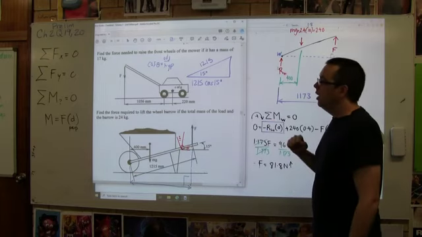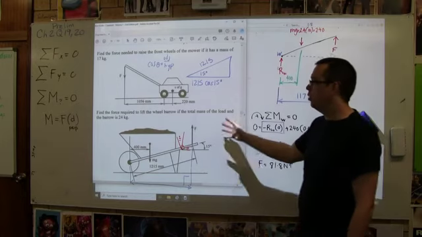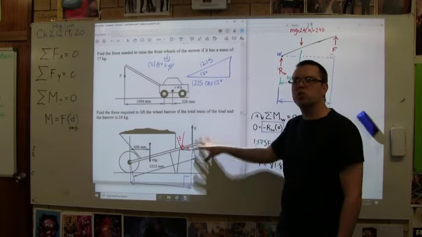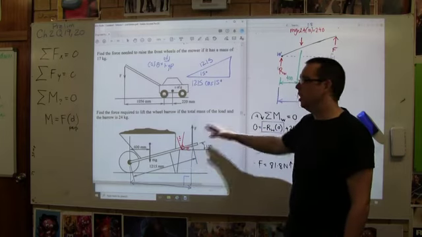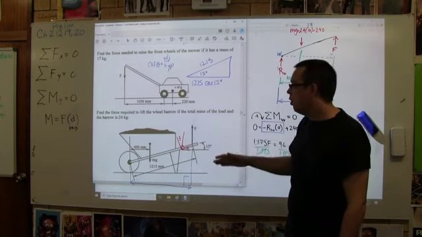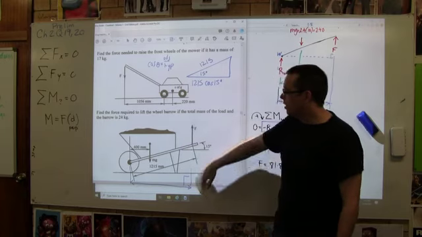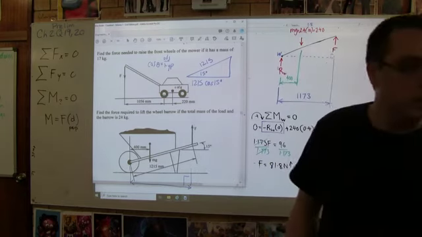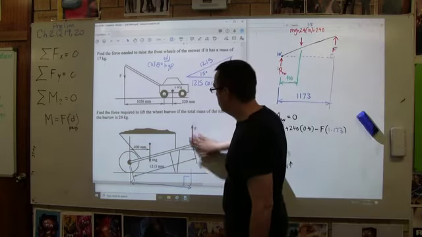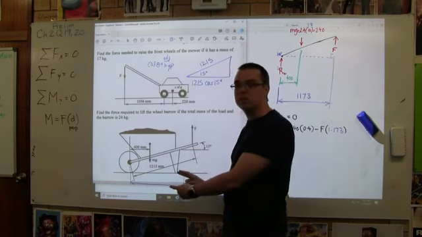Whereas with the alternate method of converting everything, usually we want to convert things to horizontals and verticals, which is why this is such a bad question, because to solve this, we have to convert it to something other than horizontals and verticals. What we're doing here is converting this force into something that is in the same line as the dimension they've given us. So we're taking this force F and converting it into something that lines up with the dimensions they've given us.